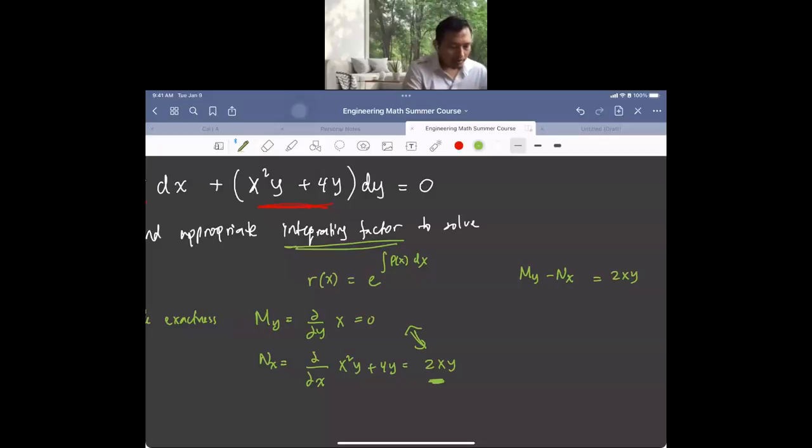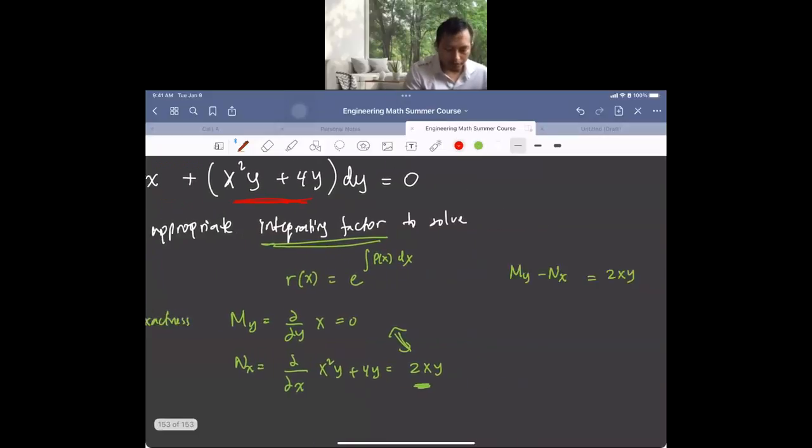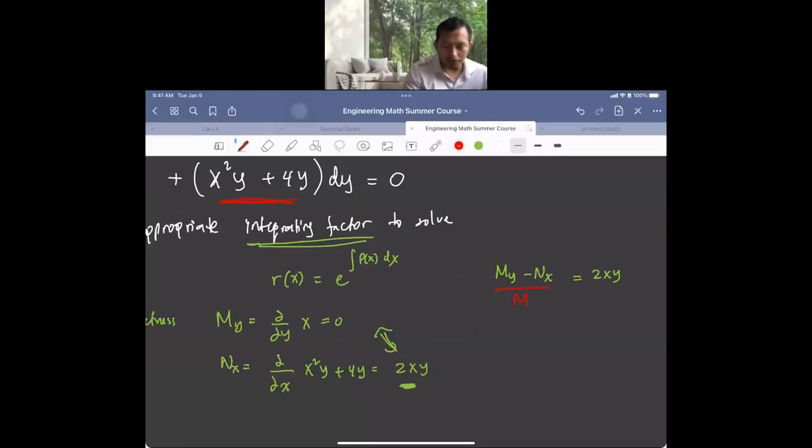But then the one that you need to take care of is, you see that the M is just x. So probably we need to divide by M, right? Because we have 2y. But this is where things go wrong. Okay? Because if we have 2y, it's not an integrating factor. The integrating factor is e to the power of, and remember that when we have this with respect to dy, we need to have the minus 2y dy, right?